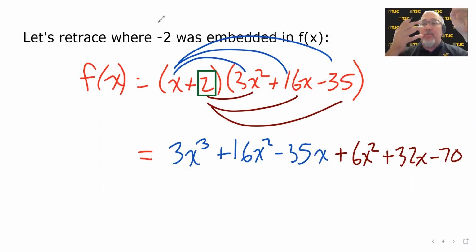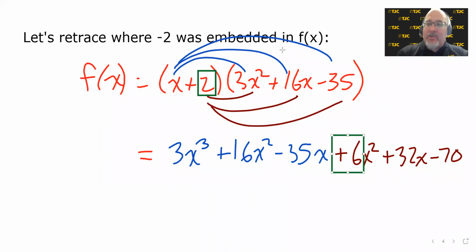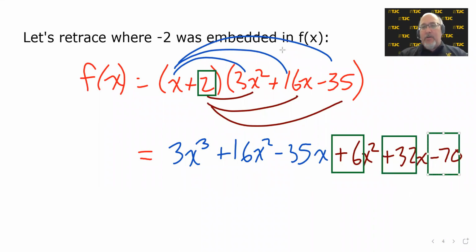When I distributed the x, it used blue arcs, hence the blue there. And when I distributed the 2 underneath, I used brownish arcs, and so brown right there. Remember, what we're trying to do is keep track of where the 2 went, and the 2, when it got distributed, is in there as a factor, in here as a factor, and in here as a factor. So yes, 2 divides all of those.